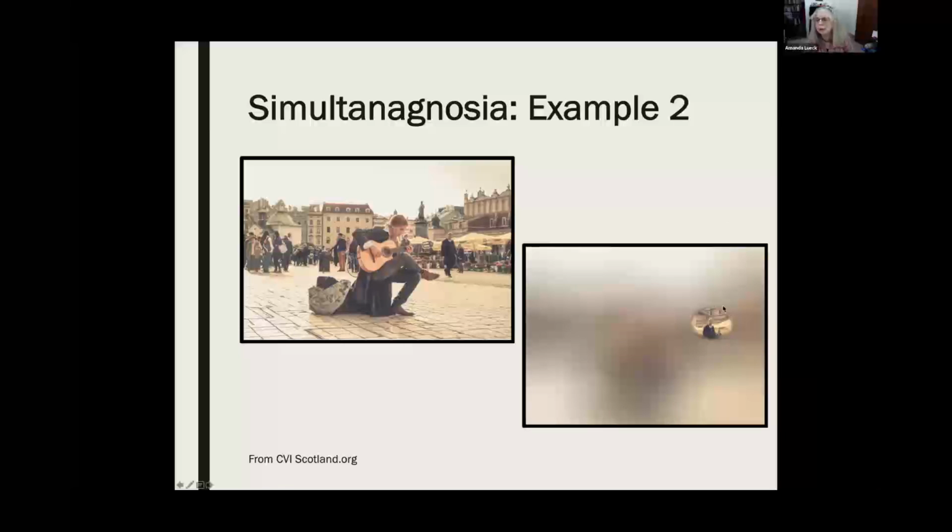Someone with CVI may actually hone in on a certain portion of the picture that they are interested in, that they are seeking. For example, if a child is looking for a parent who wears a certain kind of outfit, they may just look for that person and find them. They may take different scans until they find that person.